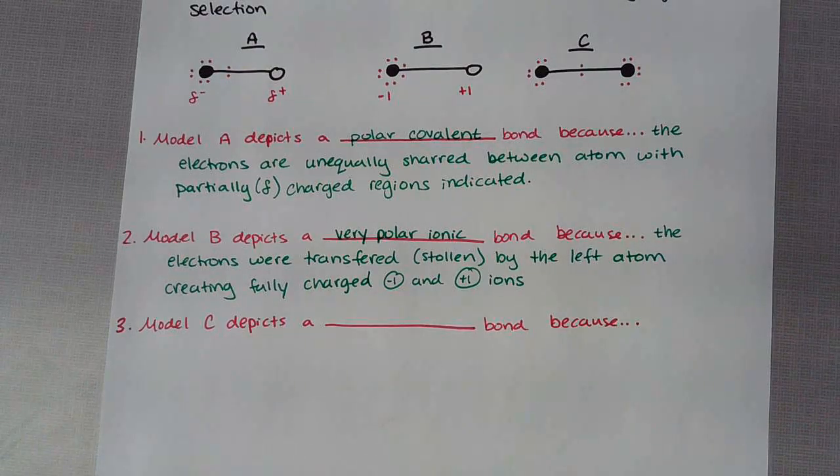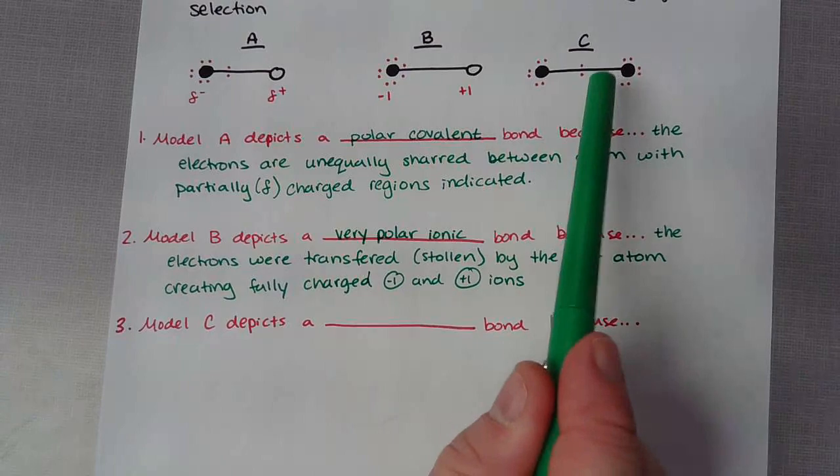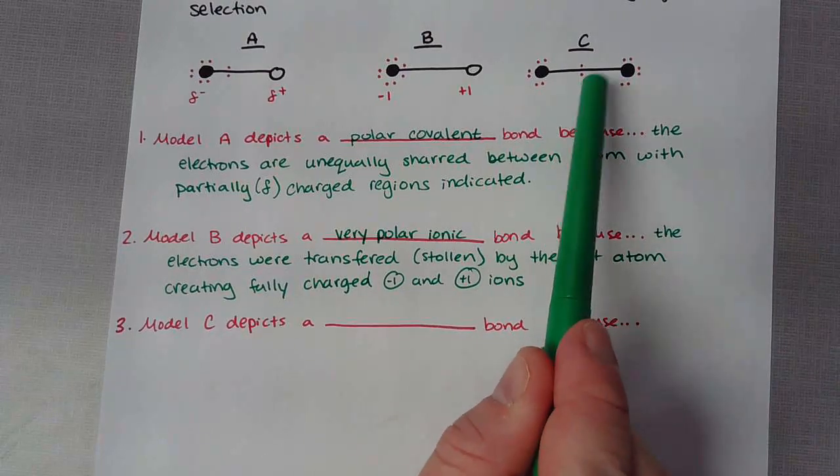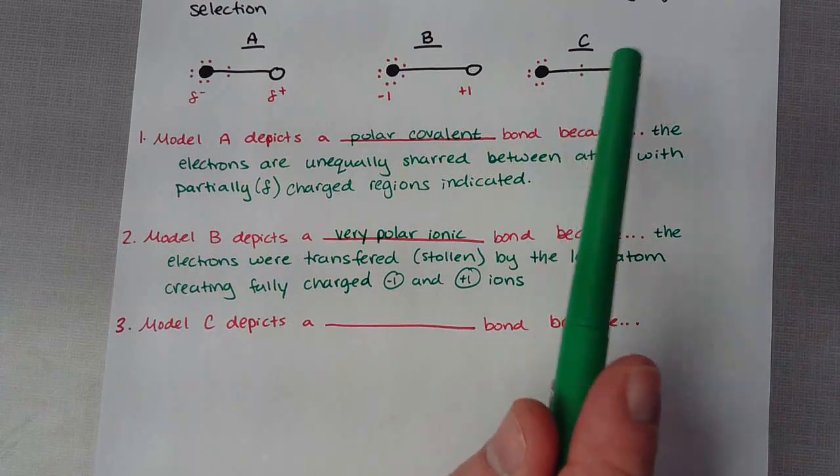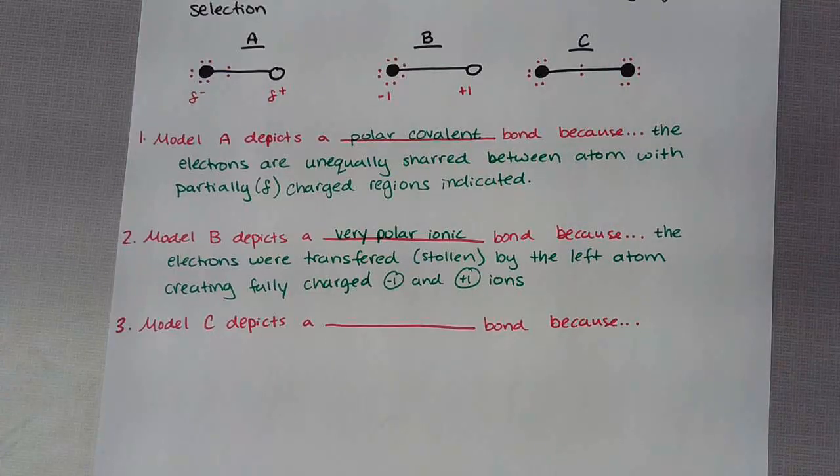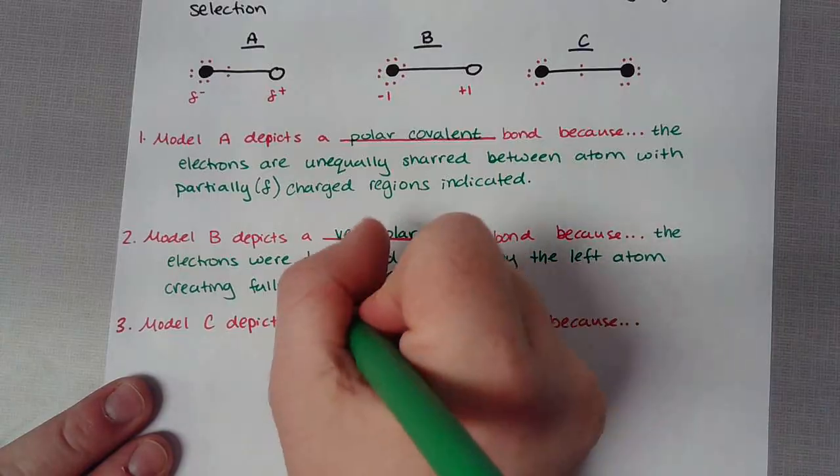Okay, so on C, what we are looking at is 2 electrons on the bond. They are drawn dead center of the bond, which means they are equally shared, which means we are our first bond type, nonpolar covalent.